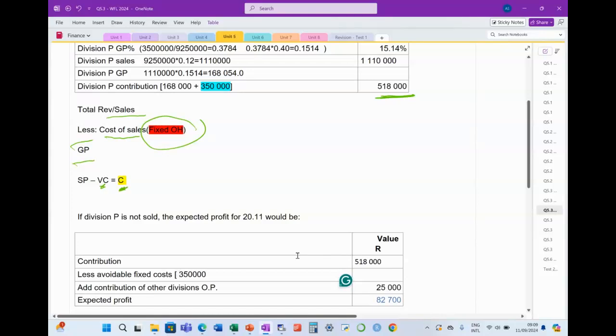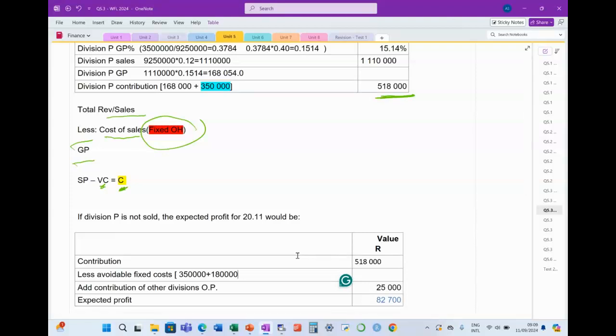And the other fixed costs, other expenses, non-manufacturing, 180,000. But we know that the 180,000 is all fixed and includes the general overhead allocation, the 42,000 that we were speaking about earlier.